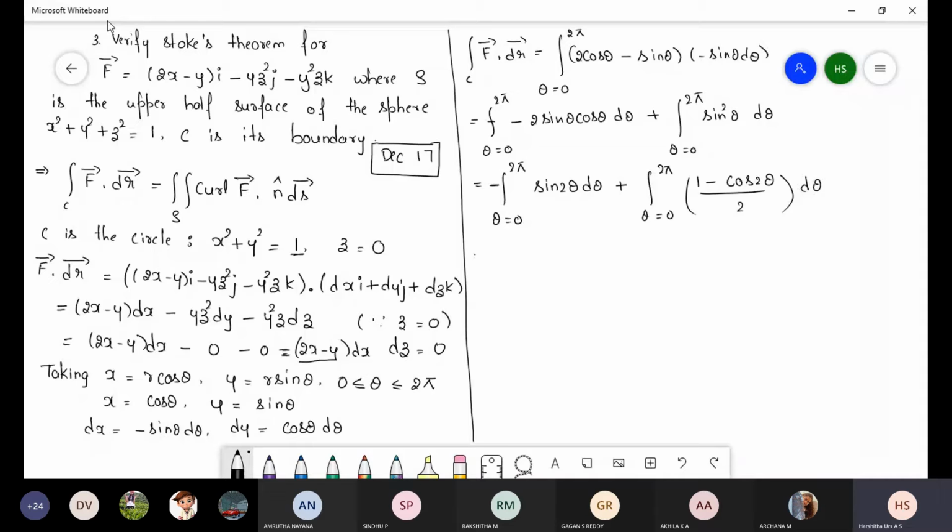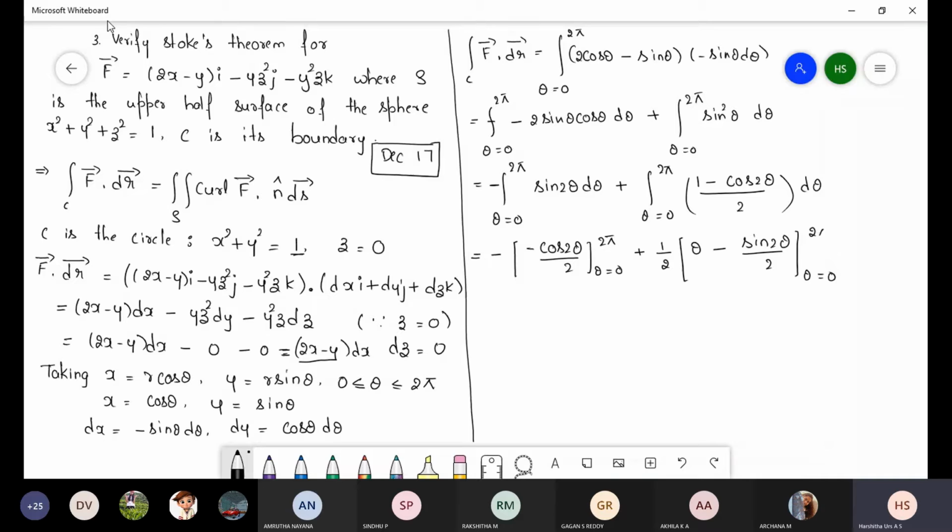Integration of sin 2 theta is minus cos 2 theta divided by 2, theta from 0 to 2 pi, plus 1 by 2 outside. Integration of 1 with respect to theta is theta, minus integration of cos 2 theta is sin 2 theta divided by 2, here also theta from 0 to 2 pi.